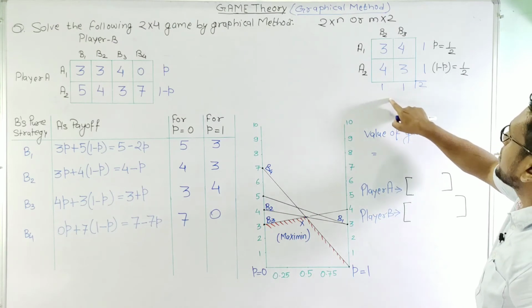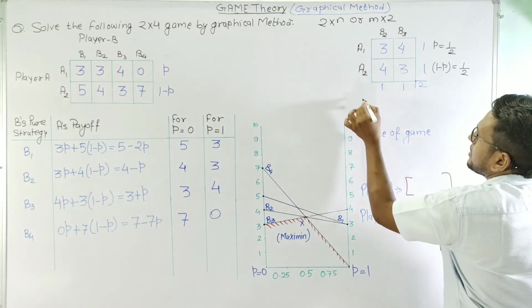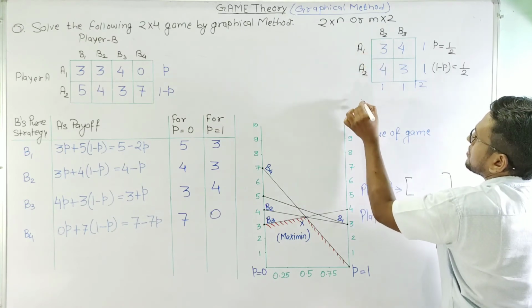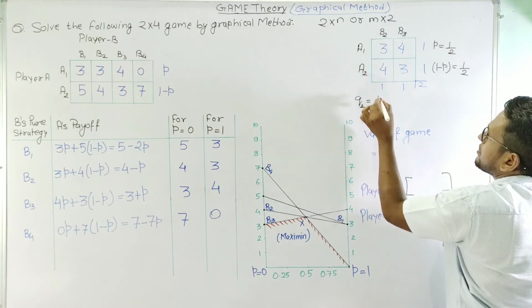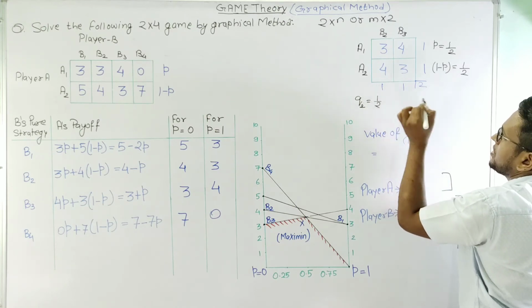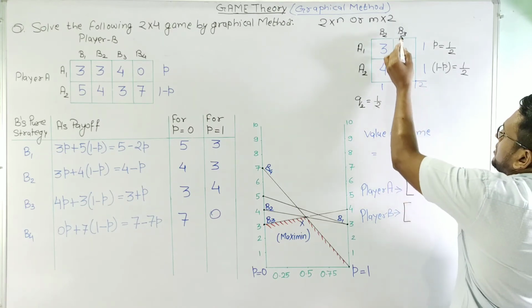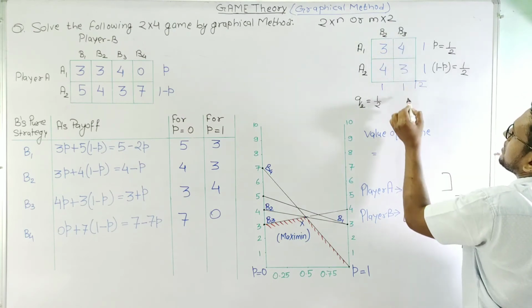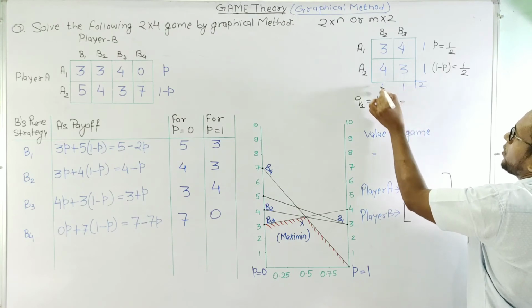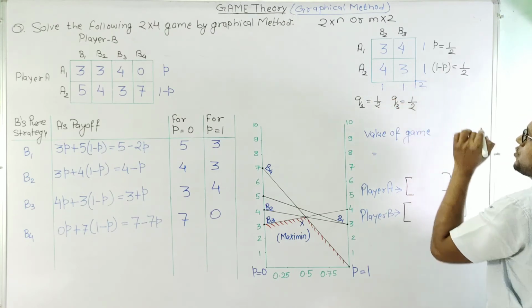Now let us move to player B. The probability of player B playing strategy B2 is Q2, which equals 1 divided by 1 plus 1, so this is 1 by 2. Similarly, the probability of player B playing strategy B3 is Q3, which equals 1 divided by 1 plus 1, so this is 1 by 2.